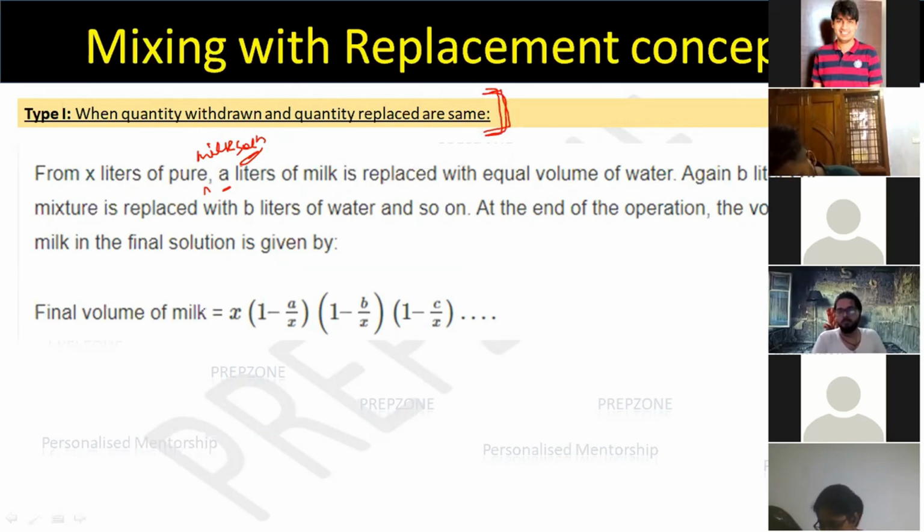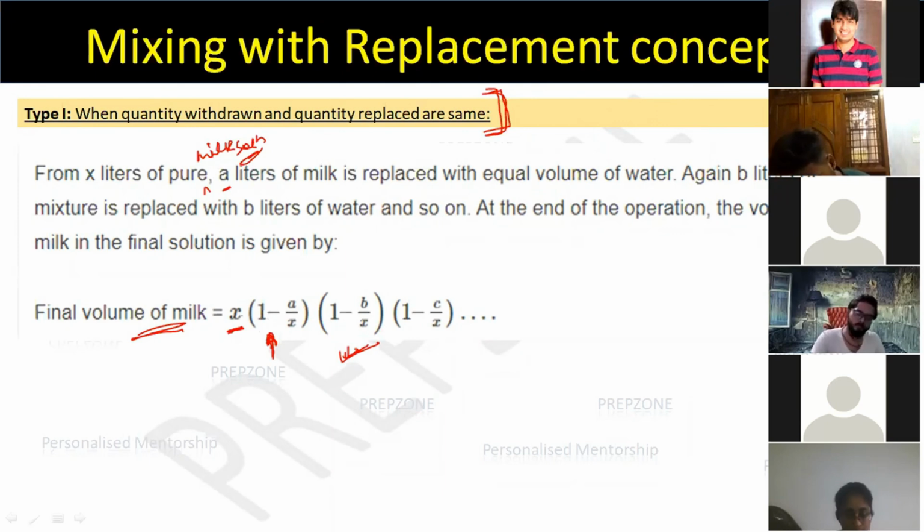Then finally, if someone asks me what is the concentration of the solution या final quantity of milk कितना है, what you do is you just multiply the initial quantity of X with the concentration after first iteration, which is 1 minus A by X into 1 minus B by X into 1 minus C by X. You should be able to even understand this expression कि ये कहाँ से आ रहा है.